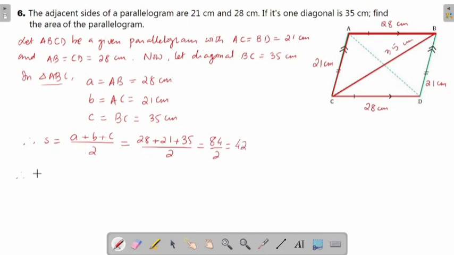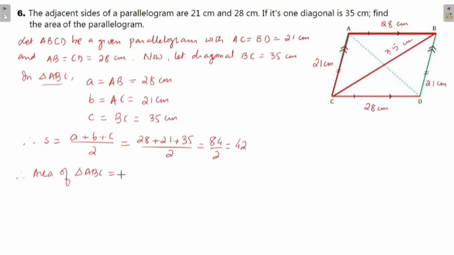Therefore the area of triangle ABC, kindly look at this. Heron's formula says it will be the square root of s into s minus a into s minus b into s minus c.